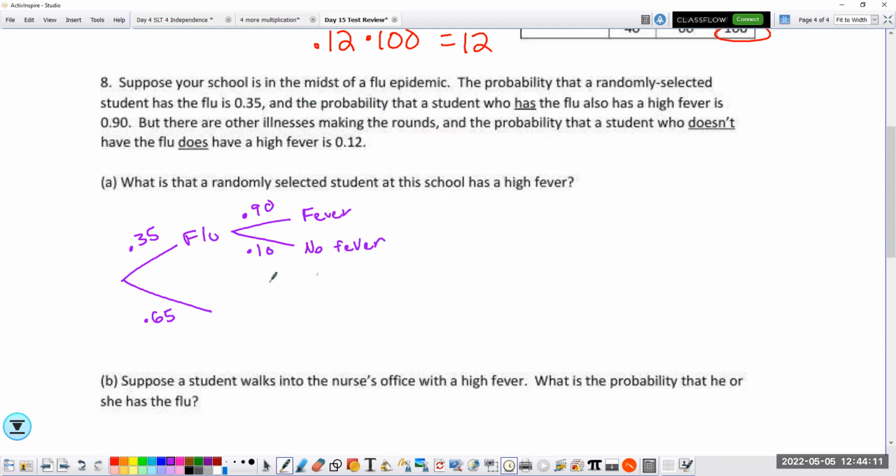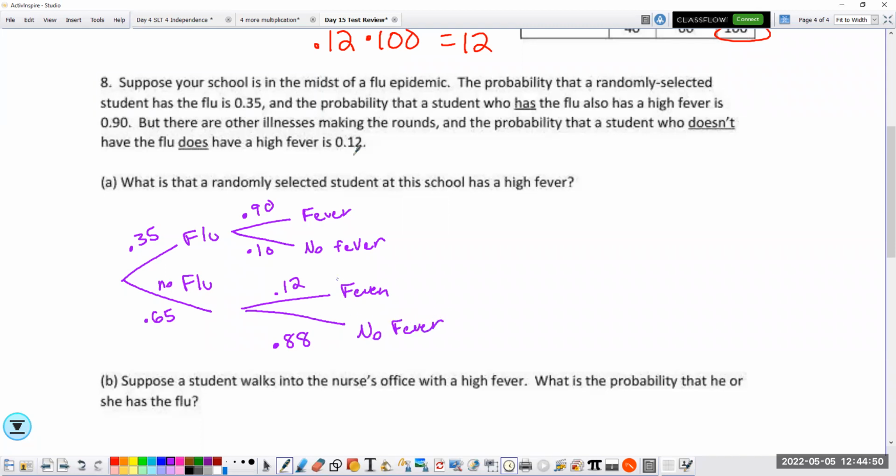However, there are a lot of other reasons people could get sick. So this is no flu. If I know you don't have the flu, you tested negative on the flu test, the probability of you still having a fever is 12%. That means the probability of you not having a fever is 88%.